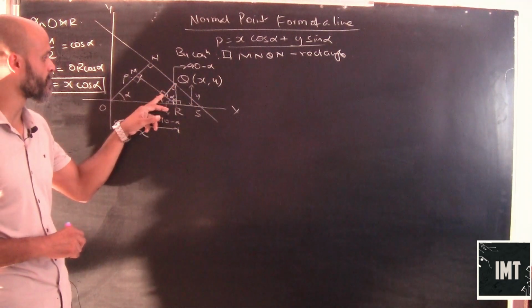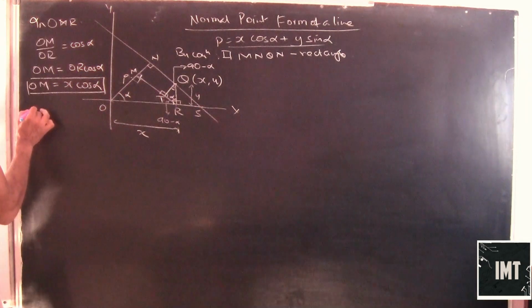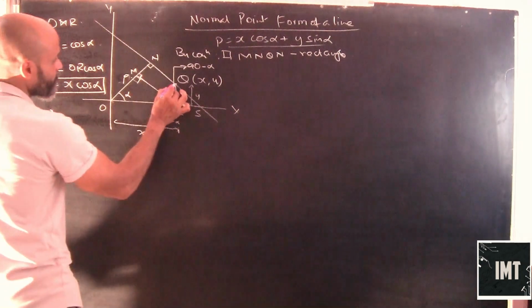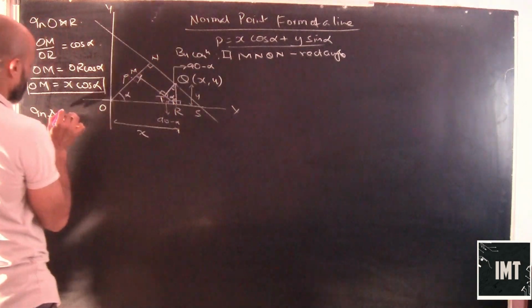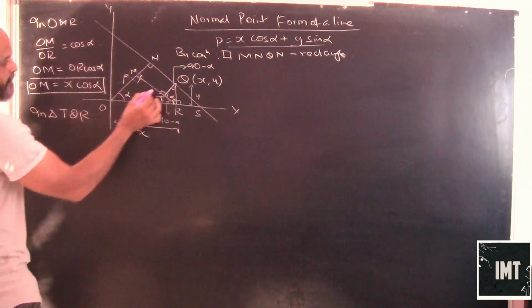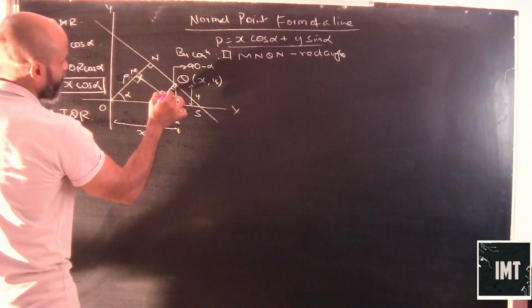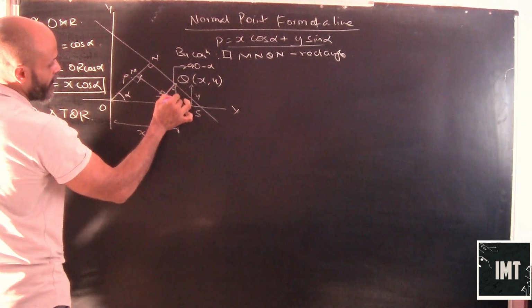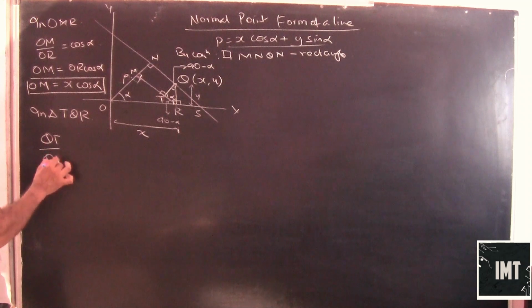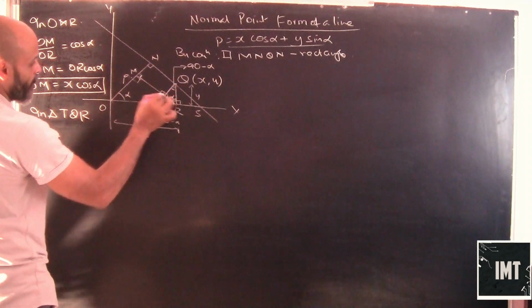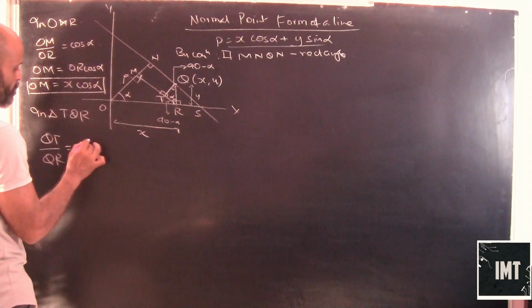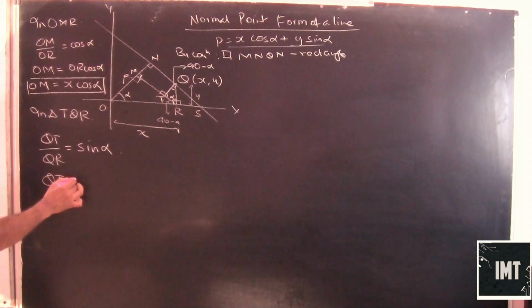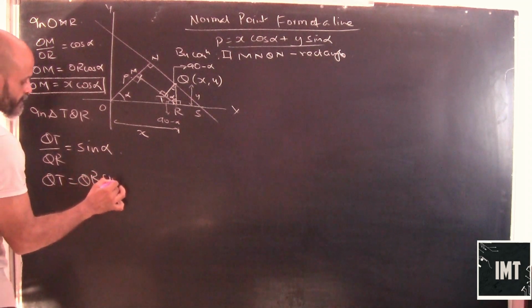Now let's come to this triangle TQR. Look at this very carefully. We have here QT, which is perpendicular upon hypotenuse QR. In this triangle, perpendicular upon hypotenuse is equal to sine alpha. So QT will be QR sine alpha.